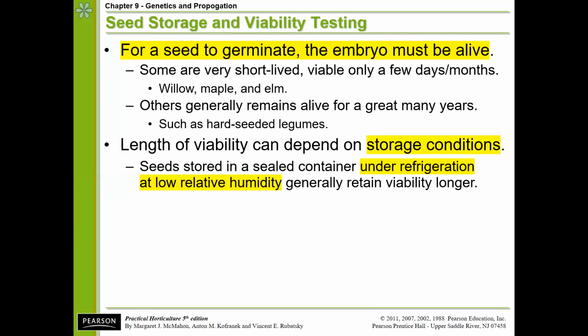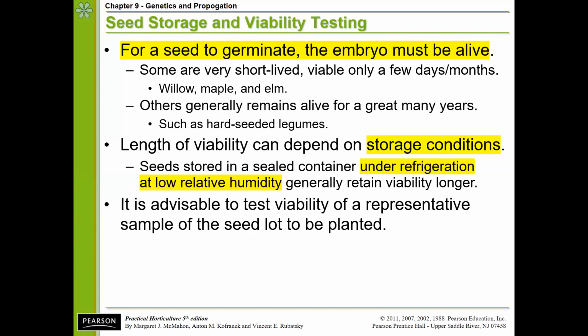There's a variety called the New Mexico cave snap bean, and that bean was found sealed in a kind of clay pot sealed with pine tar in a Native American settlement in New Mexico, and they carbon dated it and found the seeds to be about 800 years old, and some of them were still viable. So that's actually a variety you can still find today. So storage conditions maintain viability.